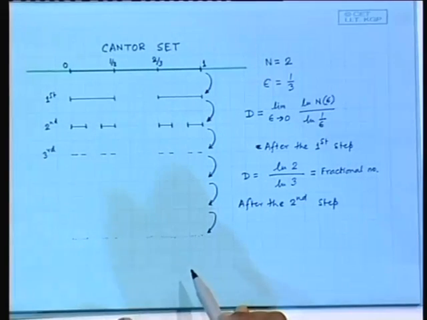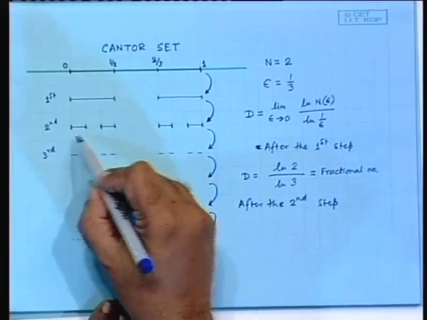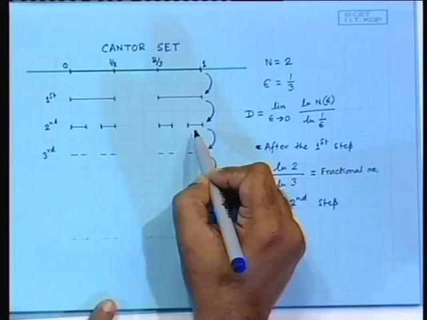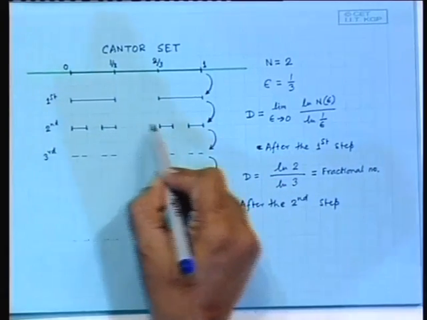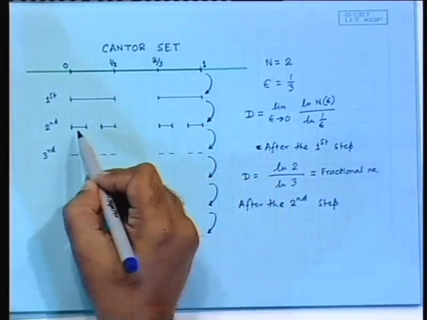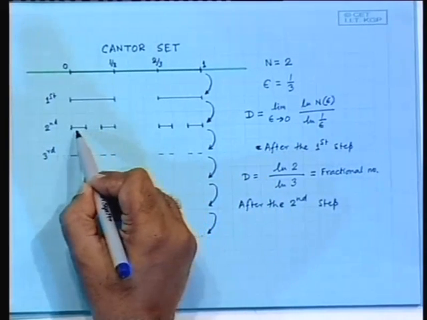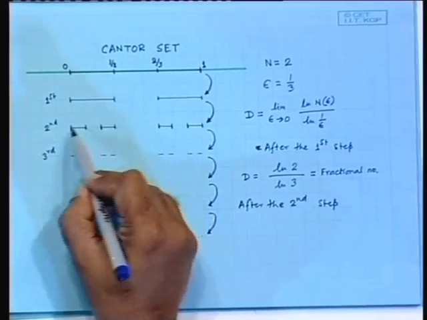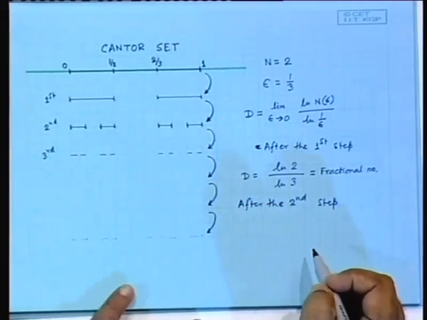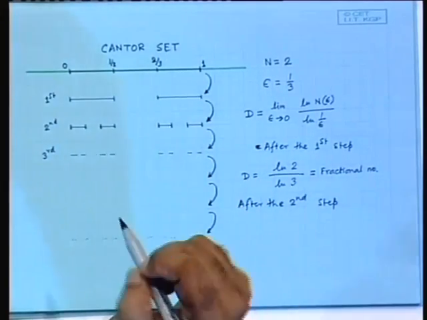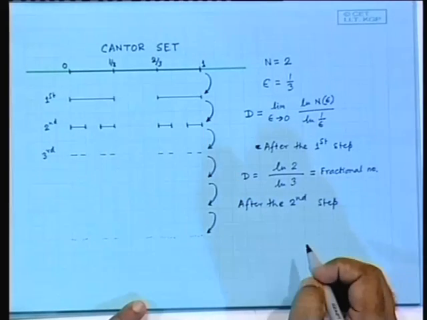At this stage, if we say that we will further subdivide the boxes into 9 boxes, that means earlier it was from here to here, from here to here and from here to here. Now, we will further subdivide the boxes into 3 each, that means this part is divided into 3 boxes, this part divided into 3 boxes, so on and so forth, 9 boxes total. Then, how many of these boxes are now required to cover this object?